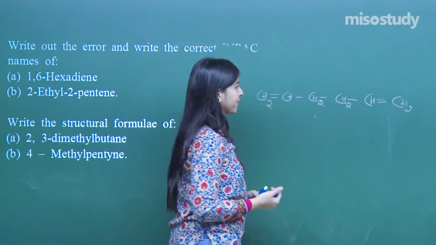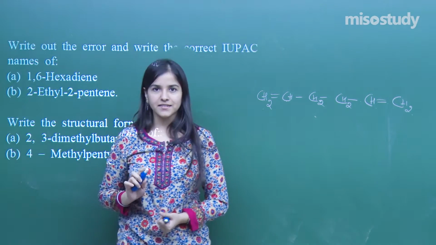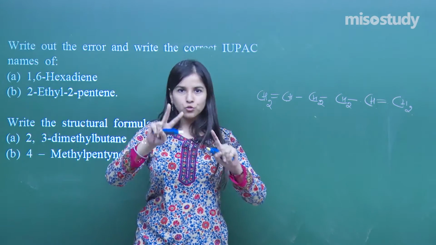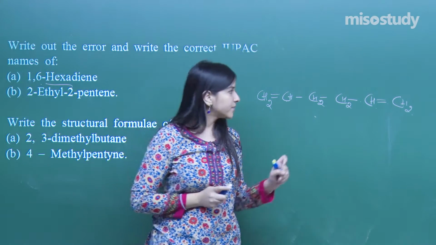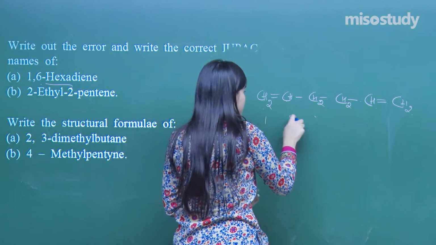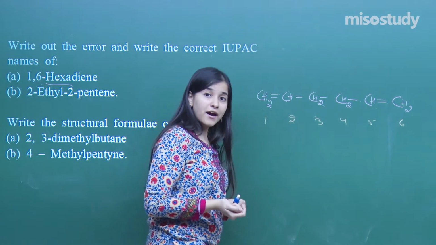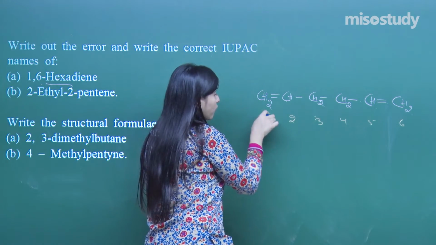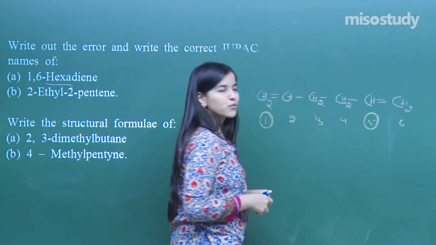What do you think? See here, the question is 1,6-hexadiene. Diene means 2 double bonds are there, but on 1 and 6, and it is hexa. See here, if I would have numbered it 1, 2, 3, 4, 5, 6, what should be the location for the double bonds? 1, 5 it should be, not 1, 6.